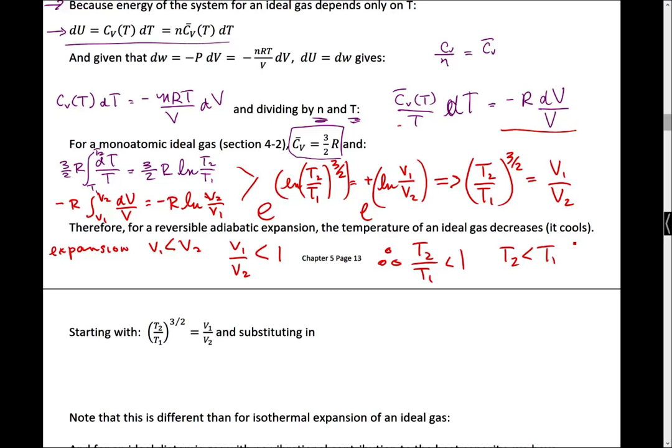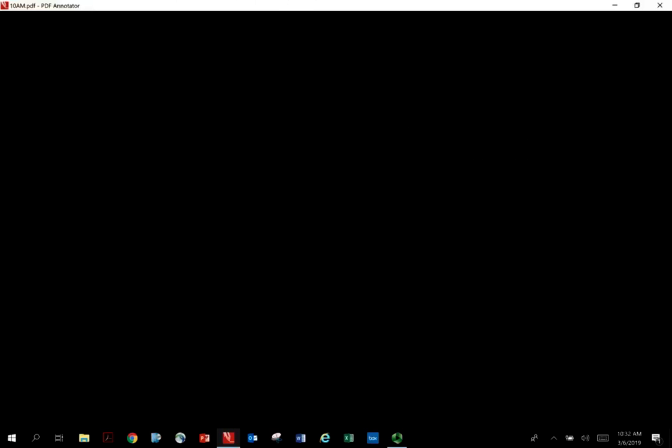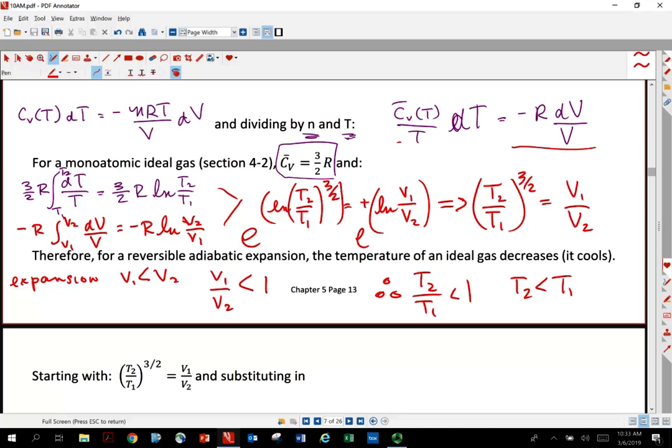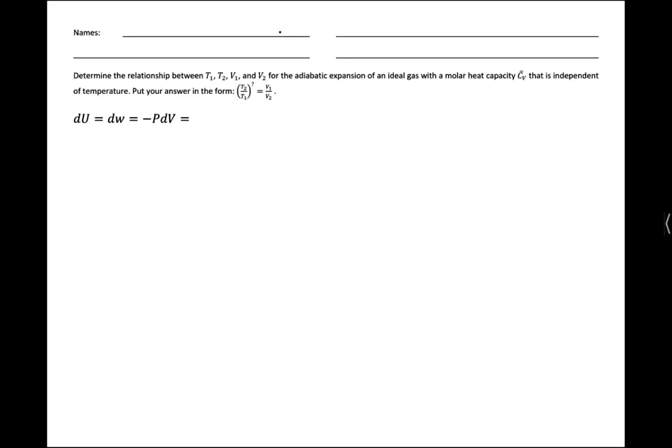Okay, so let's go ahead and talk this one through. So what we've done is we've come up with an expression that works just for a monoatomic ideal gas. What we want to do is extend that to something more general, right?